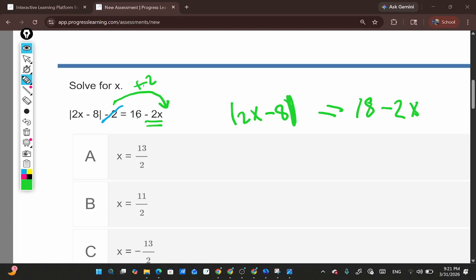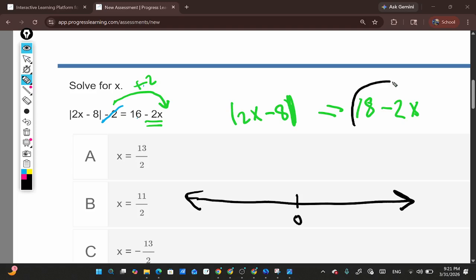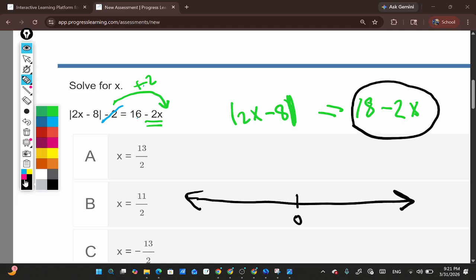And we know that the absolute value of 2x minus 8, we can interpret it like this. We have something like this, we have the 0. So we have a value. We don't know what this value is, but this is exactly that we are going in the positive direction. Specific number.